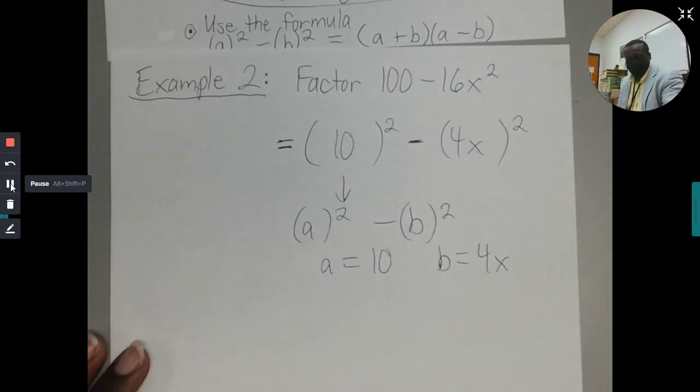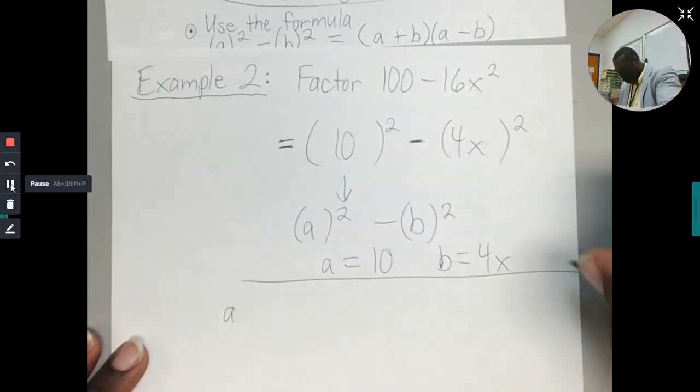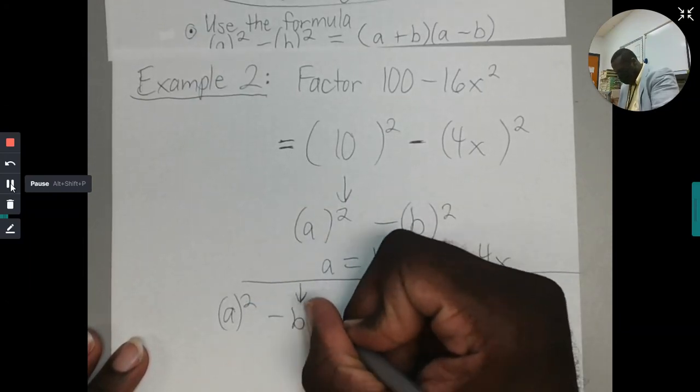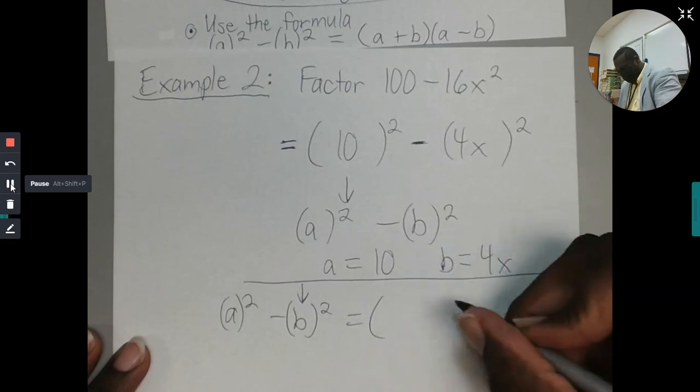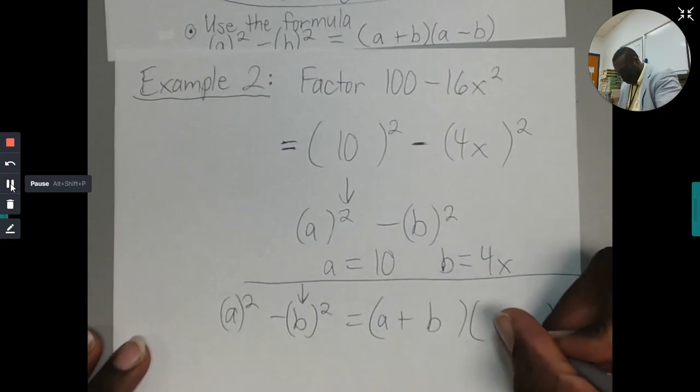So next, we want to make sure that we use that formula. So the formula is a squared minus b squared, and for the two factors, that's going to be equal to a plus b times a minus b.